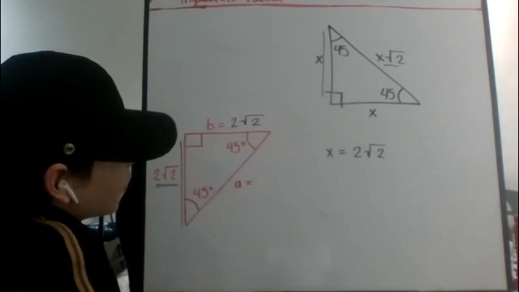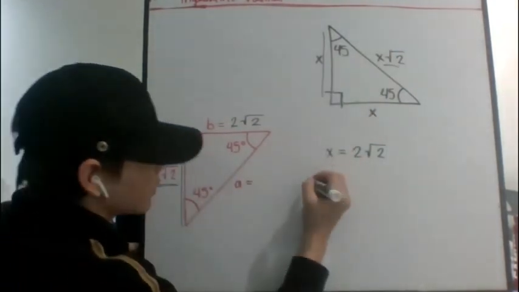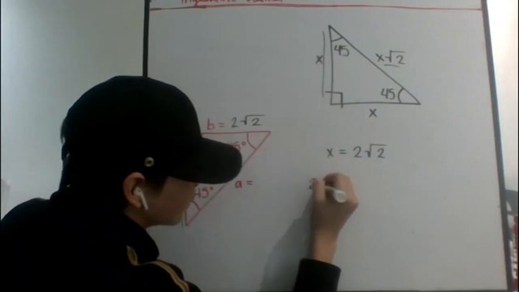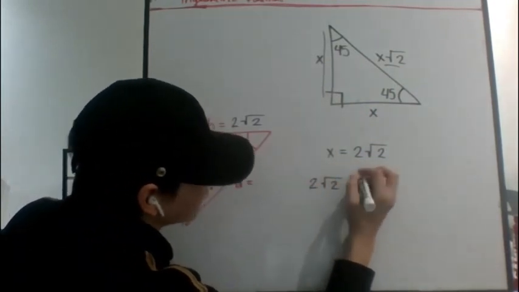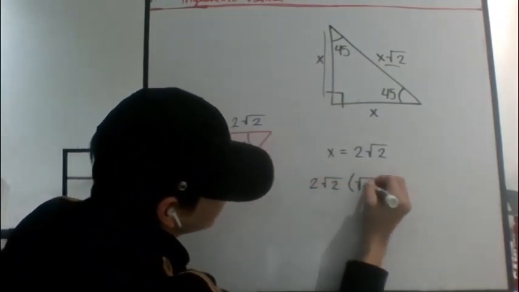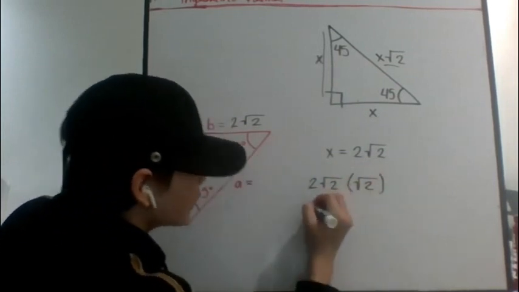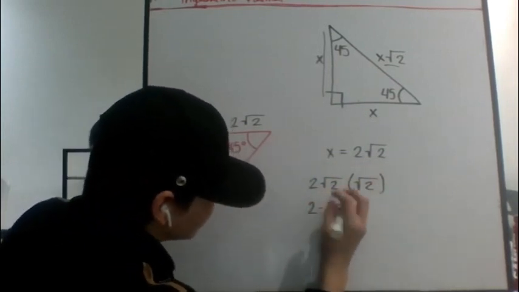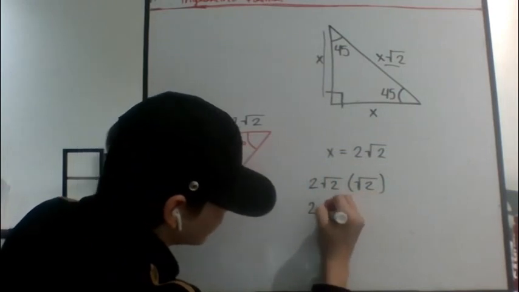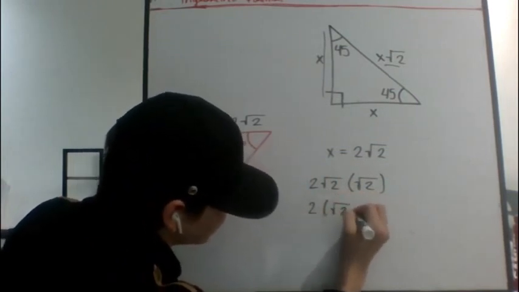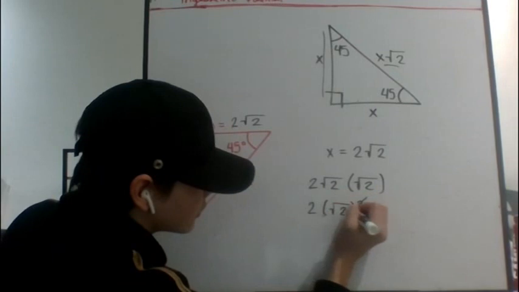And on the other side that we're missing, we have to multiply the x, that will be 2 by the square root of 2 by the square root of 2. So in this case, it will be the square root squared because we have 2, and these two cancel.